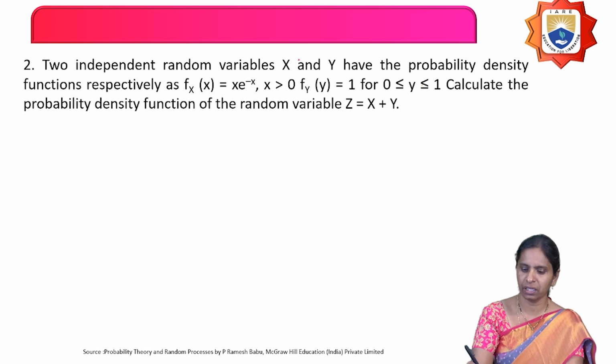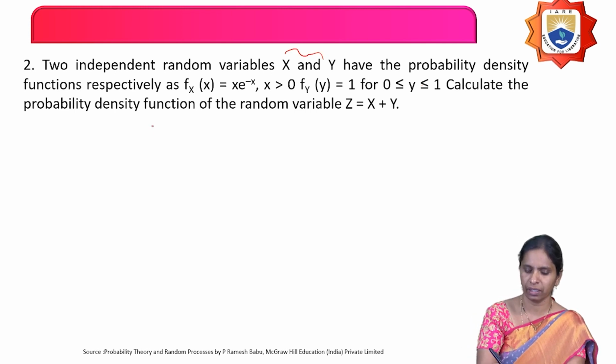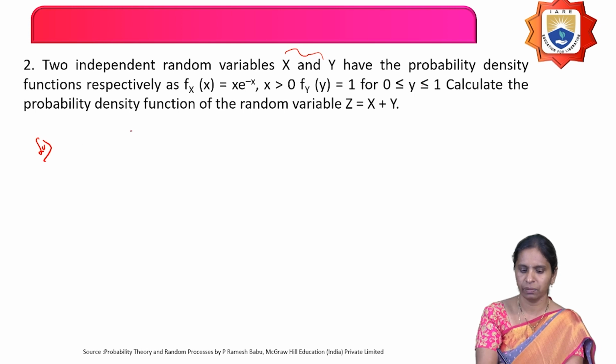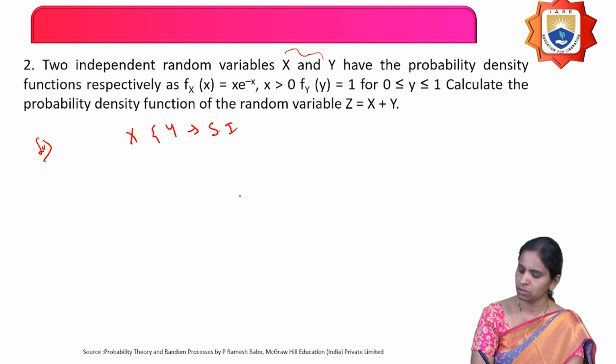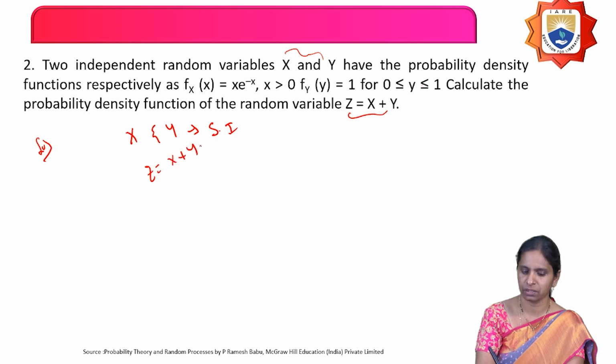What are they given here? They are given that X and Y are statistically independent random variables, and you have to calculate the density function of Z equals X plus Y. It means they have added these two random variables.